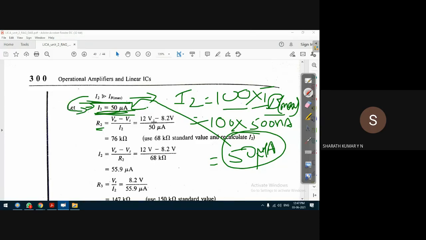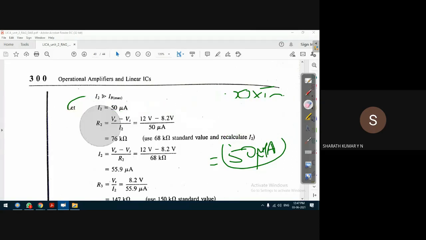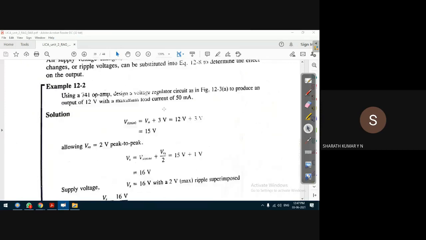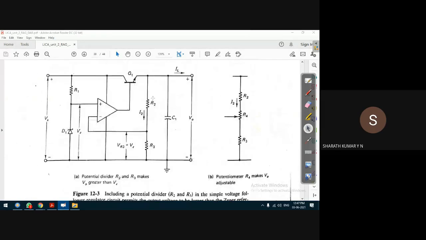So from this, what is R2? If you observe the position of R2, one end of R2 is at VZ, because the voltage across R3 is VZ. The other end is at V0, because the voltage at the output is V0.